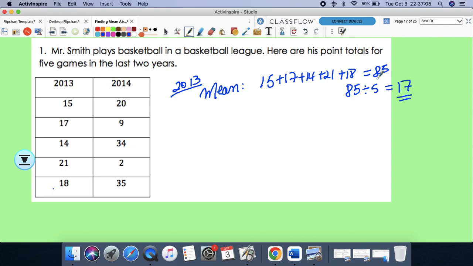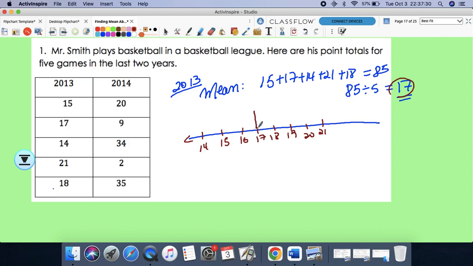Okay, so we can draw a number line just so that you can see. You don't have to, but I want you to see. So let's make 14, 15, 16, 17, 18, 19, 20, 21. We don't need any. So the mean is 17.